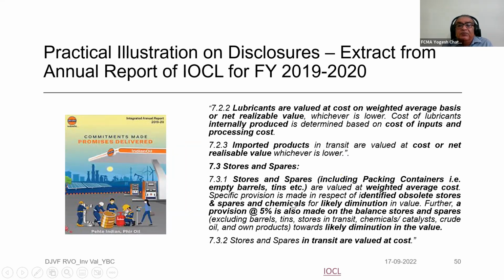A specific provision is made in respect of identified obsolete stores and spares and chemicals for likely diminution in value. And further, a provision of 5% is also made on the balance stores and spares. So these are the methods of valuation of inventory.